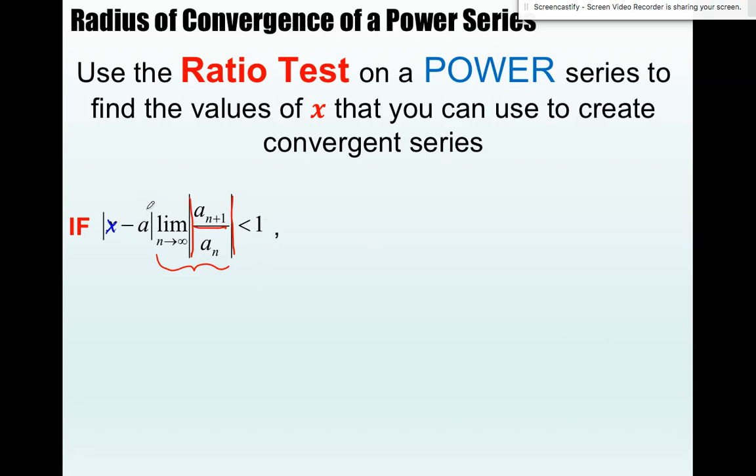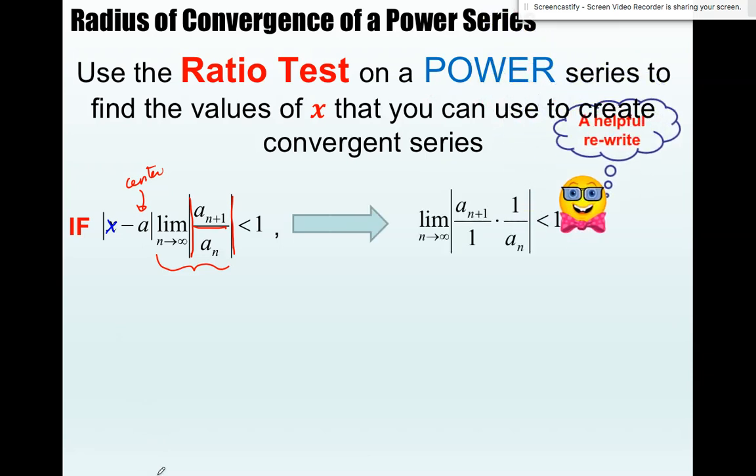And the only thing that is extra that makes this the power series is multiplying by the absolute value of x minus the center. This is annoying. I probably shouldn't have used a's in both cases, right? This a so then represents terms. This a is the center.